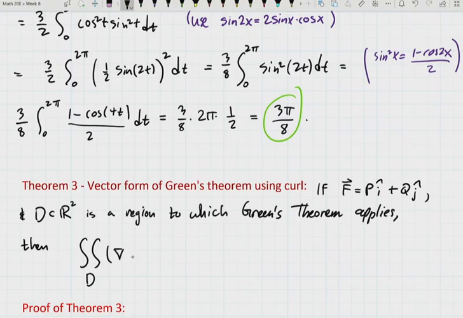You can write it as del cross F dotted with k hat, and you can write the path integral as F dot ds.